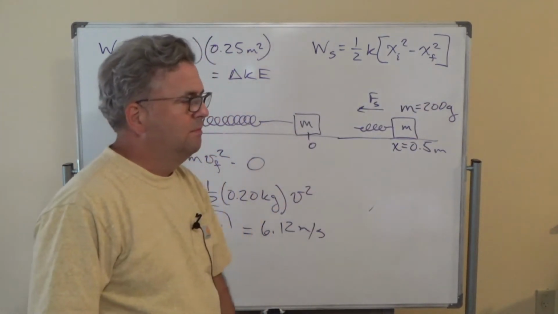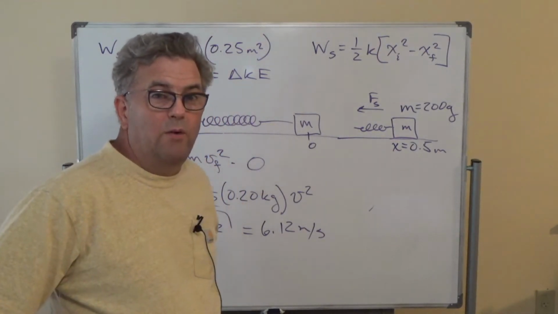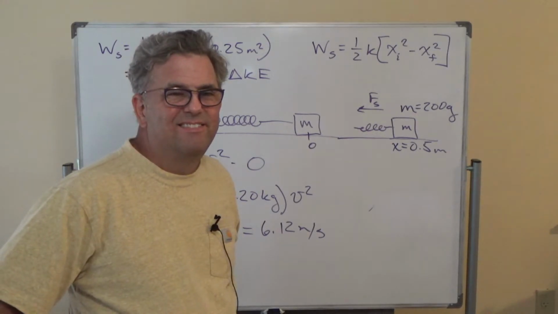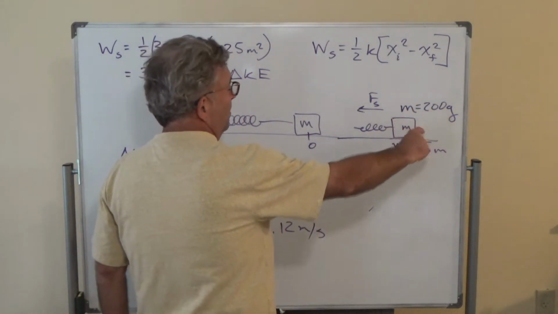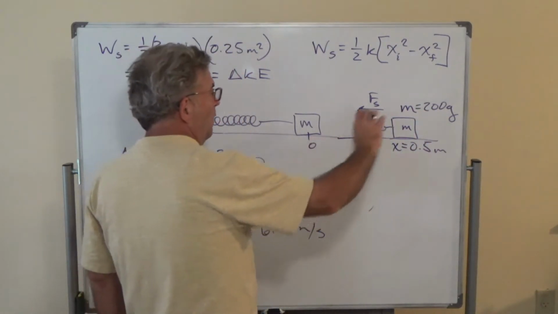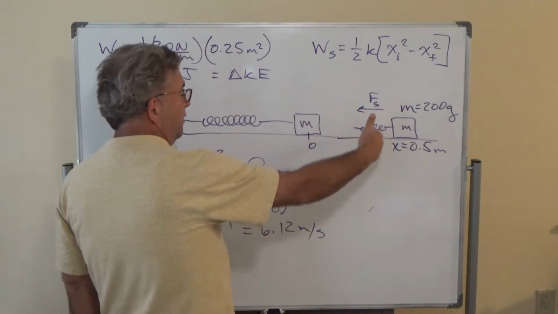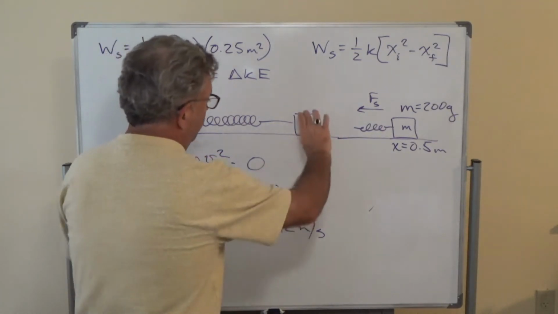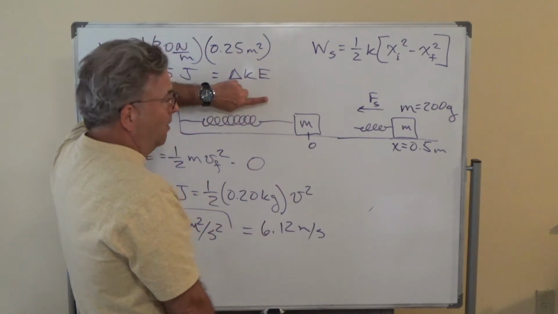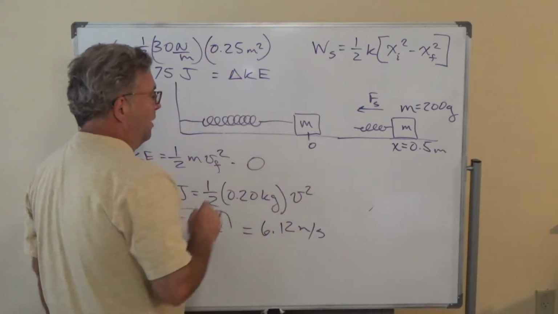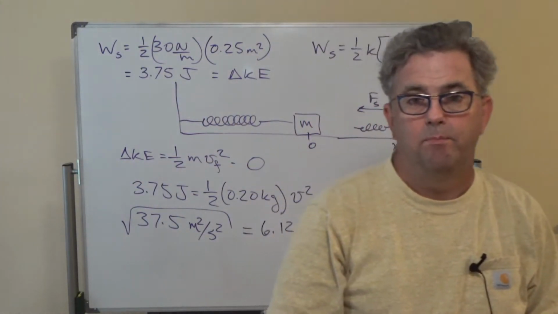You okay with that? In moving from 0.5 to 0, that's a positive amount of work. The spring force is in the direction of displacement, but moving from 0 to negative 0.5, that's a negative amount of work, and they cancel out, and you get 0 for the amount of work done by the spring.